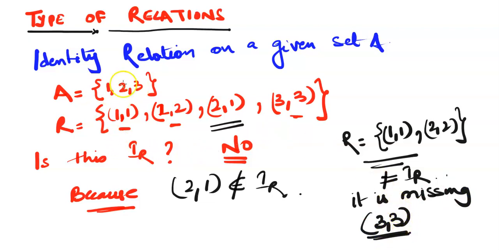So every element has to have its relationship with itself to be an identity relation. You cannot have an extra relationship other than the relation to itself. Also, you cannot have something missing. In this case, 3, 3 was missing. This is called an identity relation.